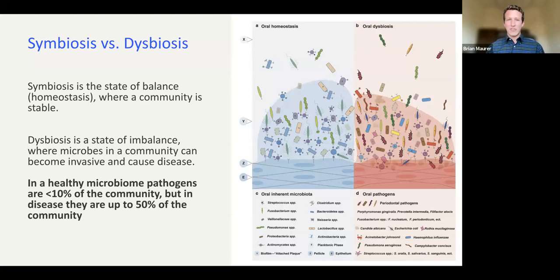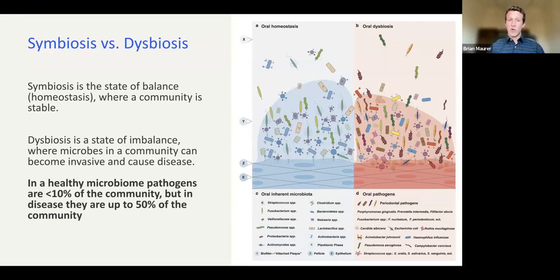But now we can imagine if some of those nice plants we grew ended up dying, that'll allow for a lot more space where these weeds or other invasive species can come in and do a lot of harm to those other species in the garden. Very similarly, in the mouth, we can refer to that later state where things are out of balance as dysbiosis.